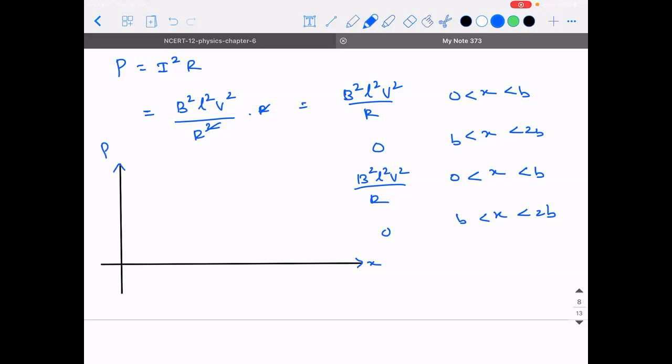If I take power, B square L square V divided by R till 0 to B, and from B to 2B it is 0, 2B to B again it is 0, and here also it will be B square L square V divided by R.